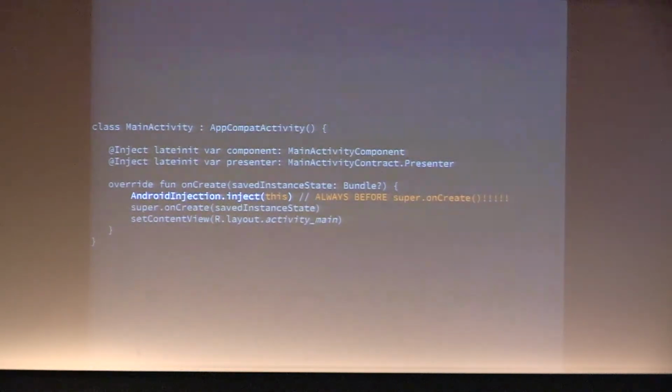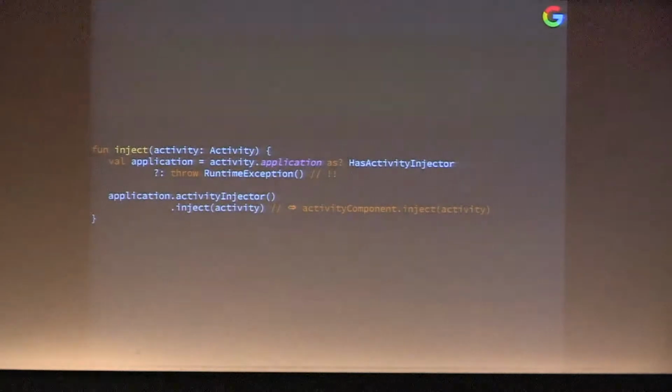Also please note that you should always call this method before calling super.onCreate, because calling the onCreate method on the superclass can lead to fragments being recreated, and your fragments might also use Dagger. So you would try to inject your fragments before having injected your activities, which could lead to some bugs. So be careful with this, or just use the Dagger AppCompatActivity. You won't need to do this manually.